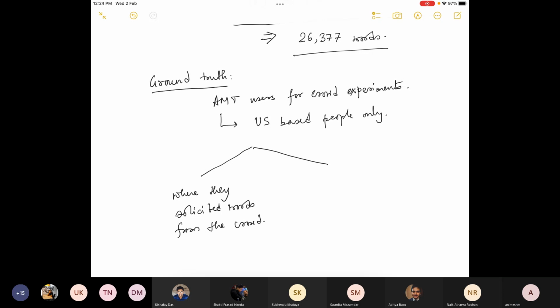Okay. One place is where they solicited words from the crowd, and the other is where they solicited ratings by showing words to the crowds. Okay.